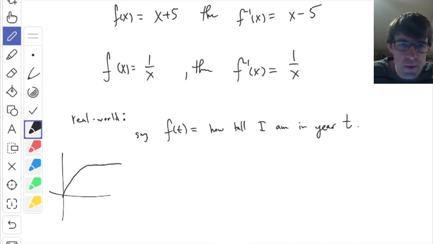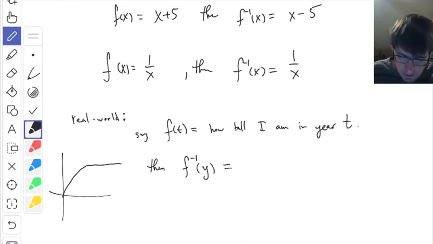If f of t represents how tall I am in year t, then f inverse of, I'm not going to use t anymore for reasons that you'll see in a moment. I'll call it f inverse of y. Anybody want to say what this would mean? It's the function which means the opposite. F of t is how tall I am in year t.